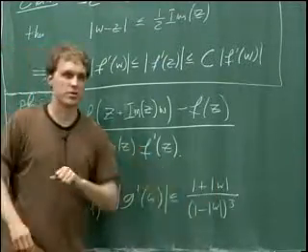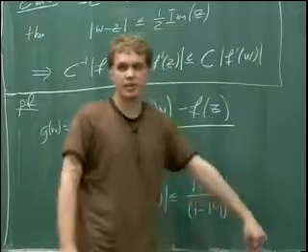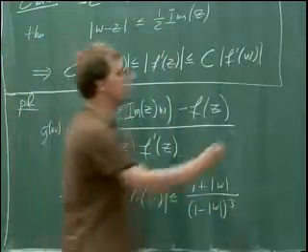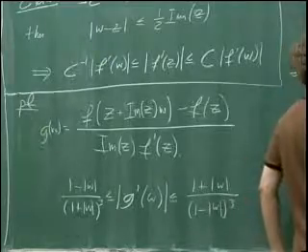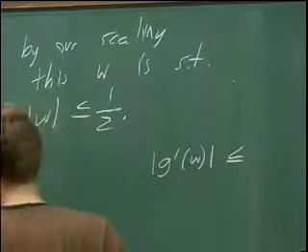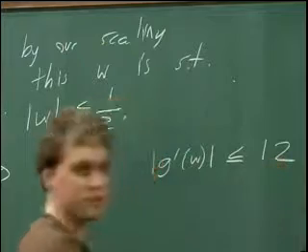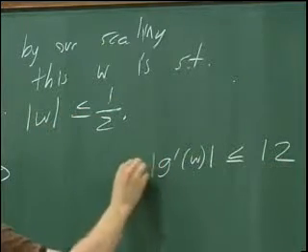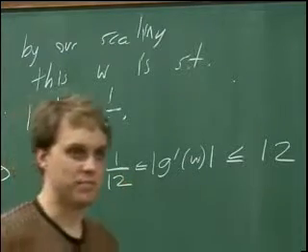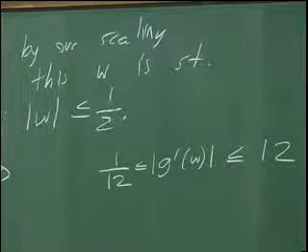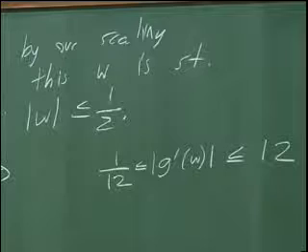And both these bounds will be worst at 1/2. And if you just go through the algebra, you can see that this will imply that g prime at w is less than or equal to, this becomes 12, I believe. And the other side becomes something else, but it's something that's not as bad as 1/12, just so we have a nice symmetric thing like we're trying to find.